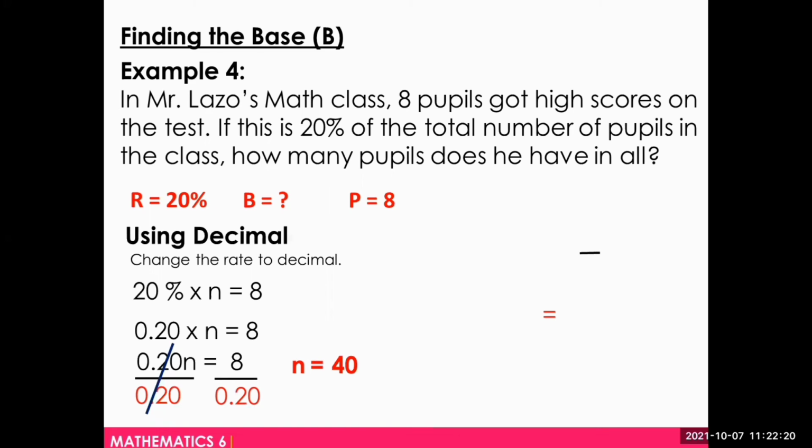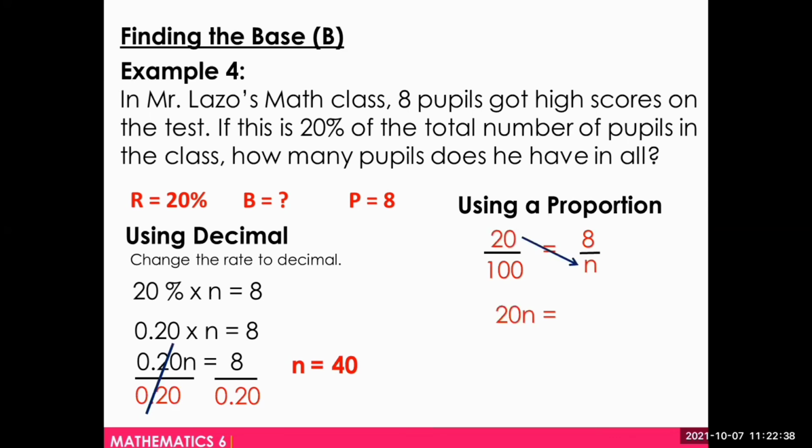Now, gamit naman ang proportion, tingnan natin. Sulat natin ang 20%. 20 over 100, or 20 is to 100 is equal to 8 is to N. Cross multiply, 20 times N equals 20N. 8 times 100 equals 800.